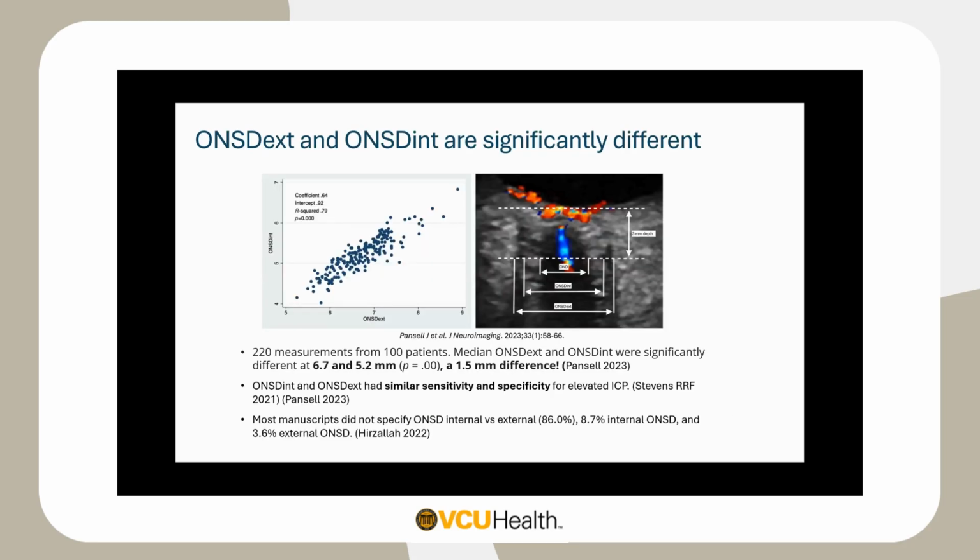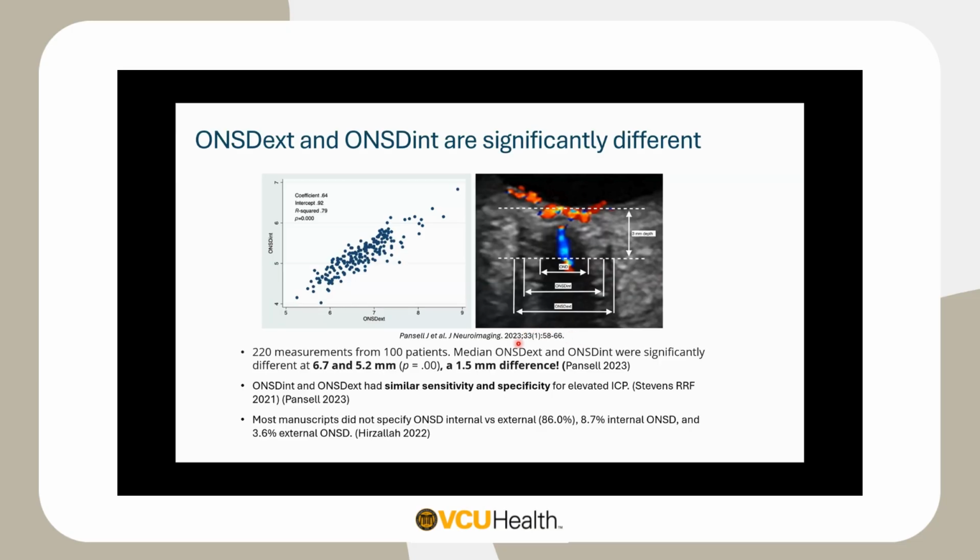Now, the devil is in the details, as always, and there is a little bit more nuance to this measurement. One of the most important ones, and you'll see this repeatedly in the literature, is that people don't distinguish between the internal and external measurement, basically whether or not you include the dura or you include just the subarachnoid space without the dura.